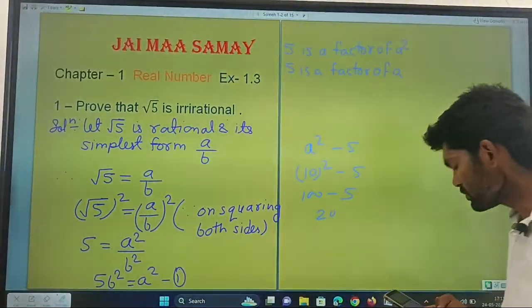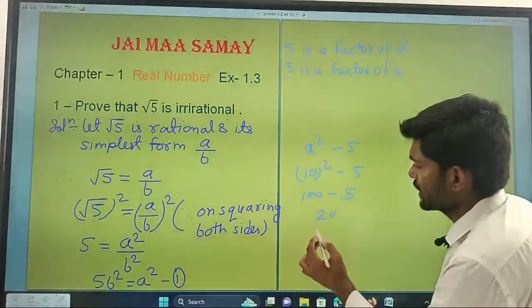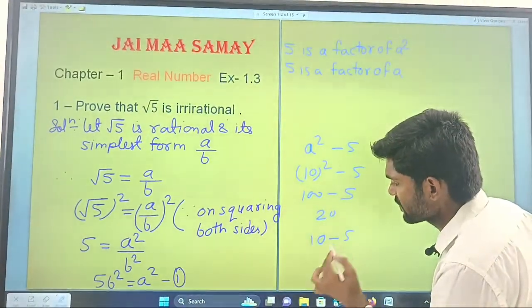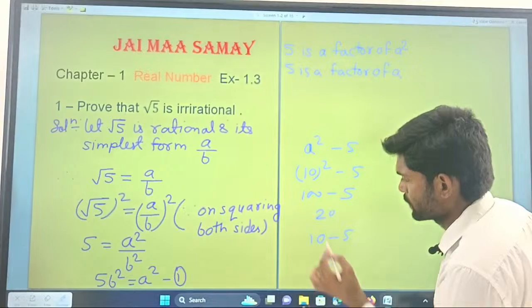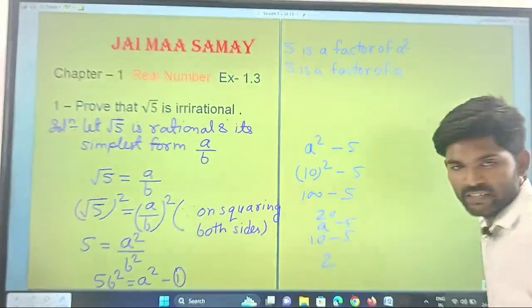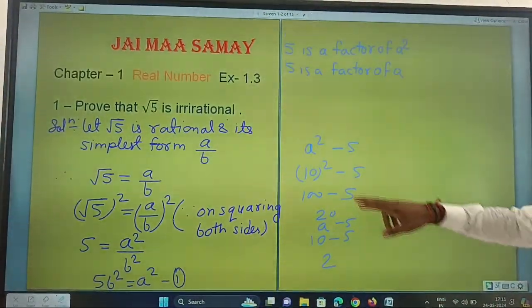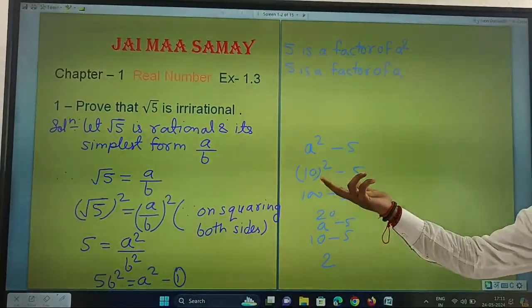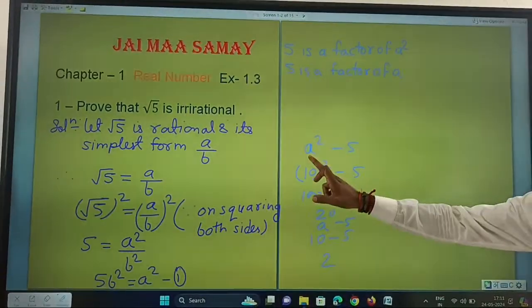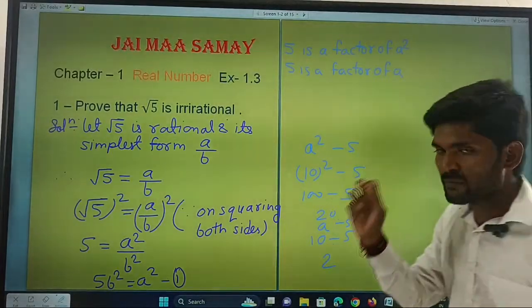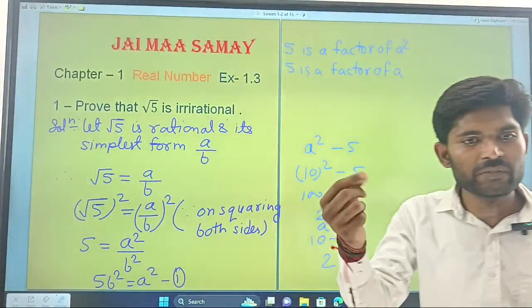Then here again, is 10 also divisible by 5 or not? Suppose that B's place is also 10. So if 5 is a factor of C square, then 5 divides C.